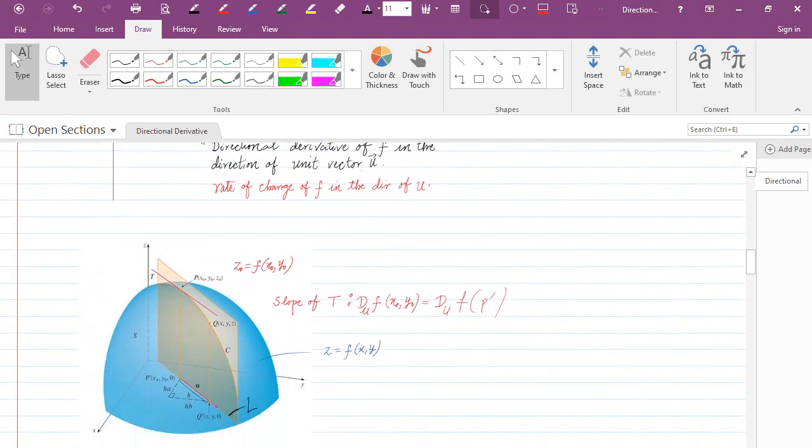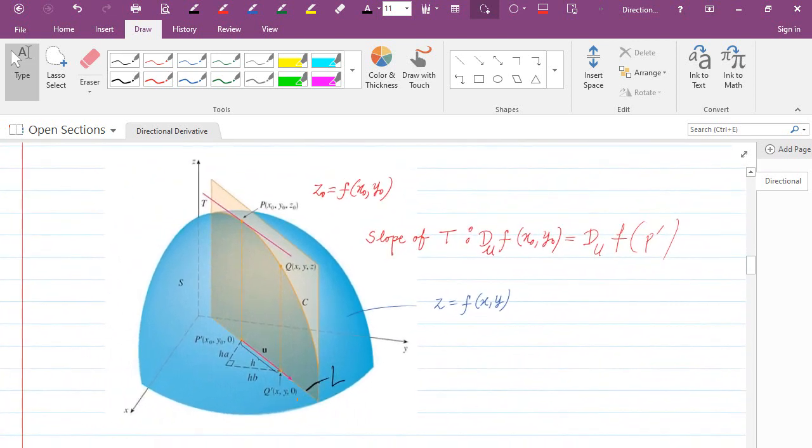So here is another interpretation that I want to give. Imagine that the graph of f, which is the blue surface, is a mountain, and we are hiking on this mountain. So let's say we are standing on the point P, and if we are walking in the direction of the vector u, then the directional derivative gives us the rate of change of elevation.